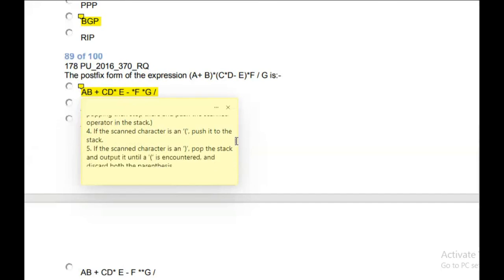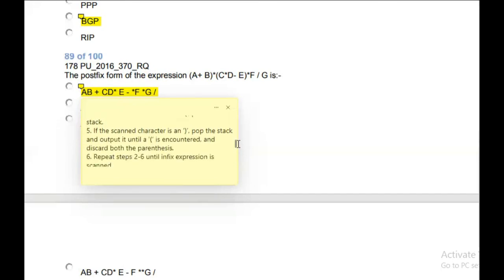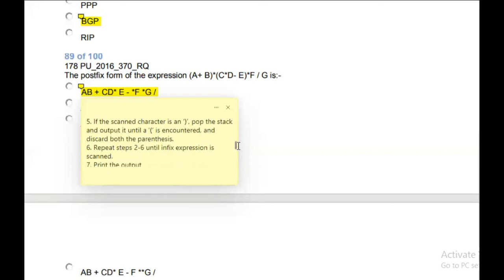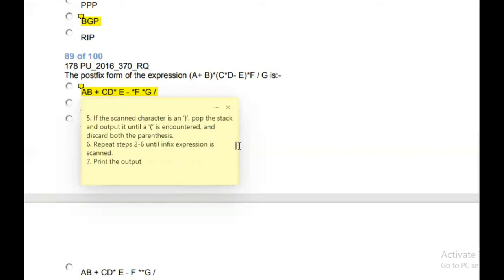All the operators up to the open parenthesis are popped and saved into the variable p. If the scanned character is a closing parenthesis, pop the stack and output it until an open parenthesis is encountered, and discard both the parentheses. Both parentheses are left out, not added to the variable p.